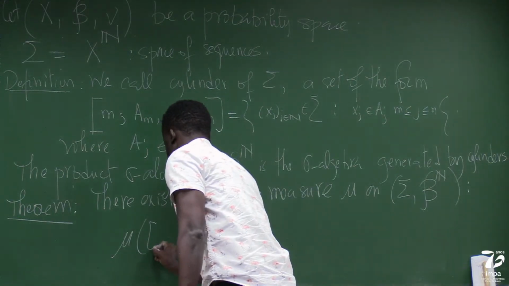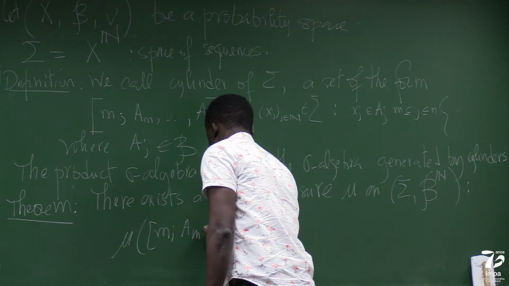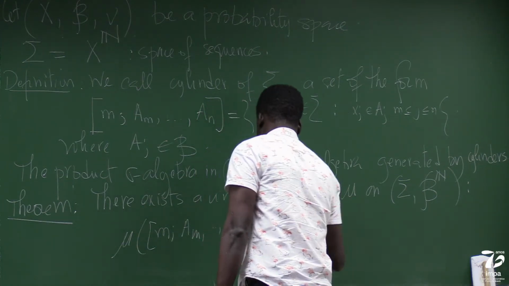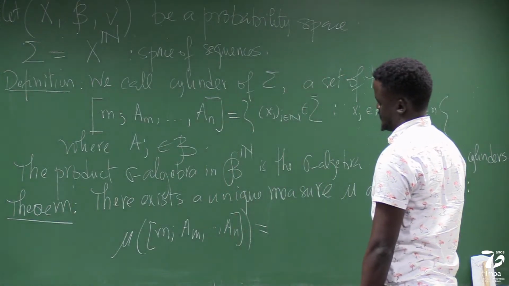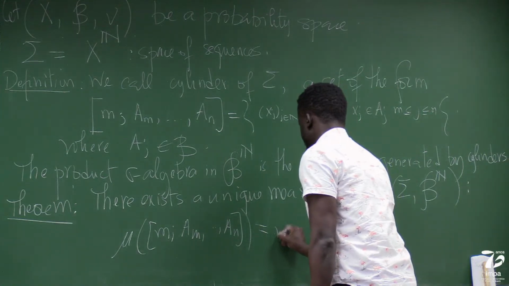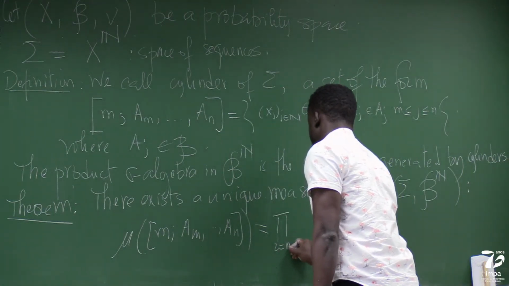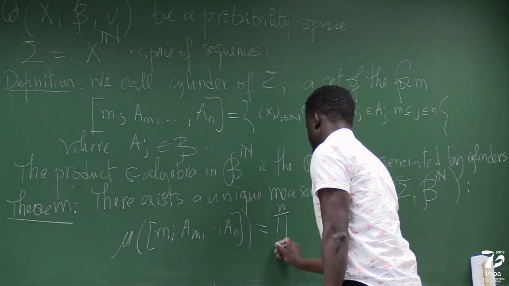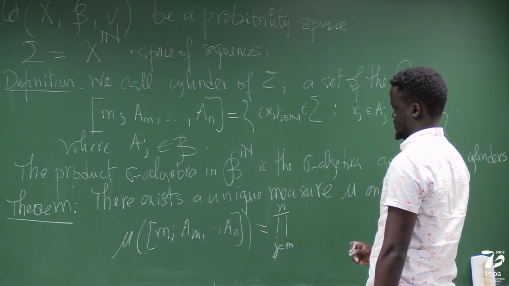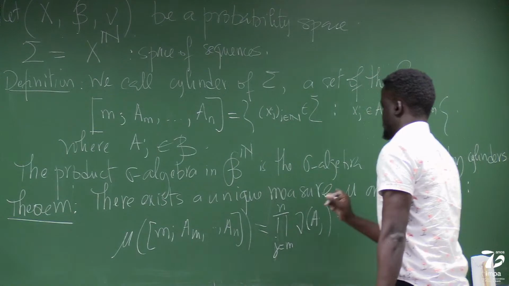The measure of this type of cylinder is just the product from i equals m to j of nu of A_j. I've been using j; I should be consistent with my notation.